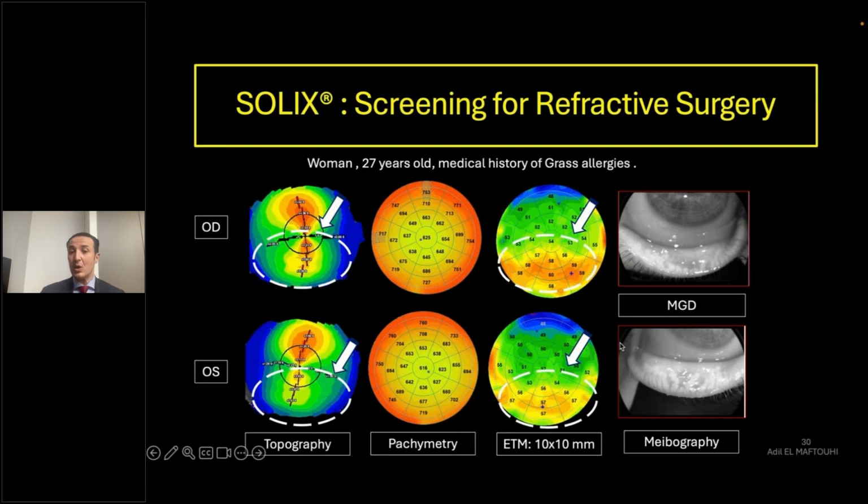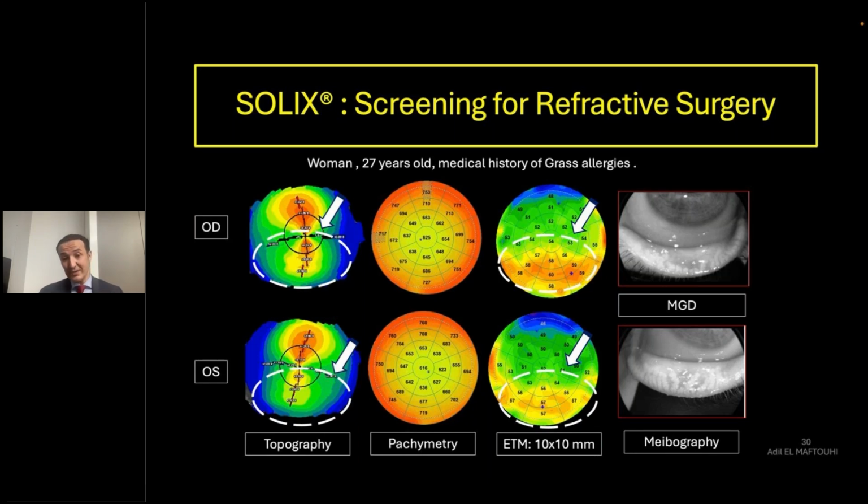And look here, we observed hyperplasia on the epithelium mapping of both eyes. This hyperplasia is more pronounced on the right eye, and it is proportional to the severity of the meibomian gland dysfunction. And this hyperplasia induces some curvature modification due to the epithelium thickening, inducing this asymmetric effect.